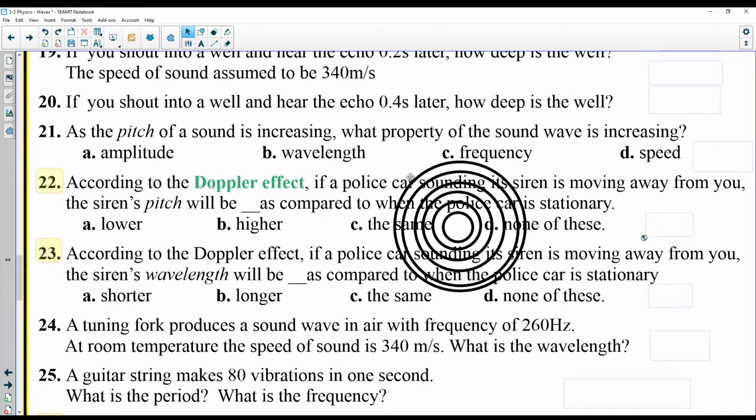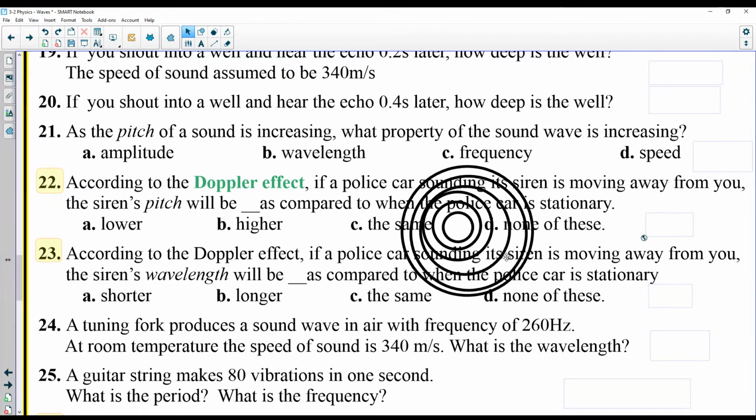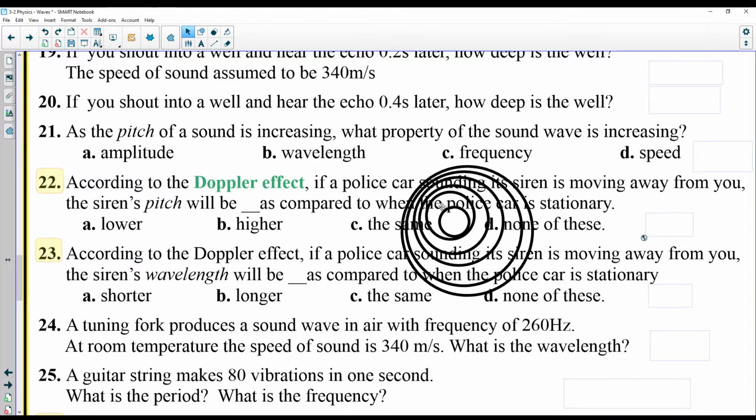Now, if you are letter R standing, but the ambulance is starting to approach you, then every single wave is gonna shift this way. So the ambulance is approaching you. So the ambulance is moving toward you. So the center of the wave, the center of the ambulance, is going to be moving toward you.